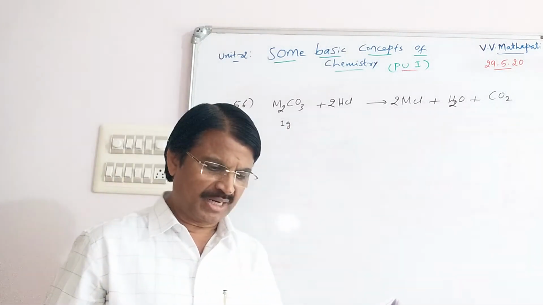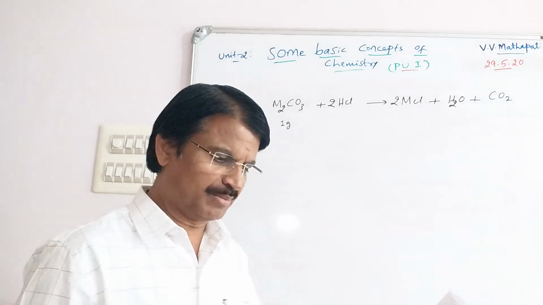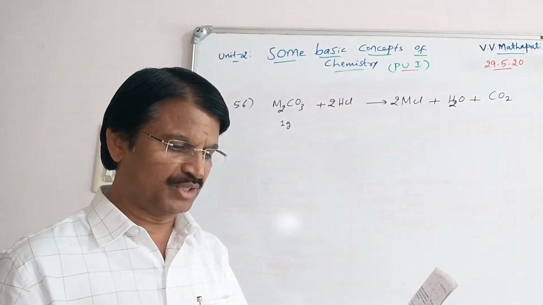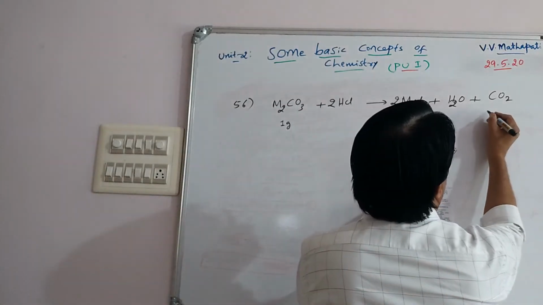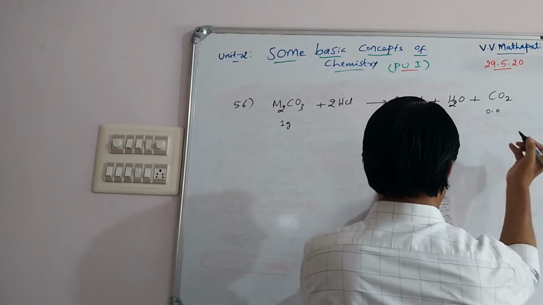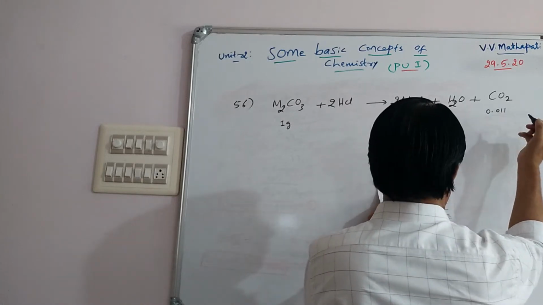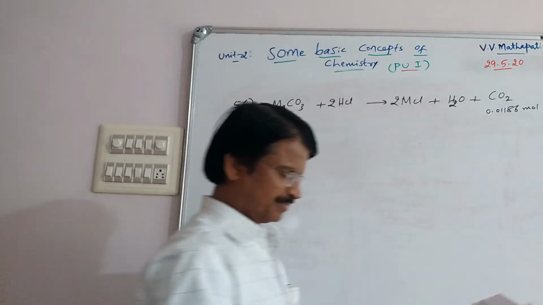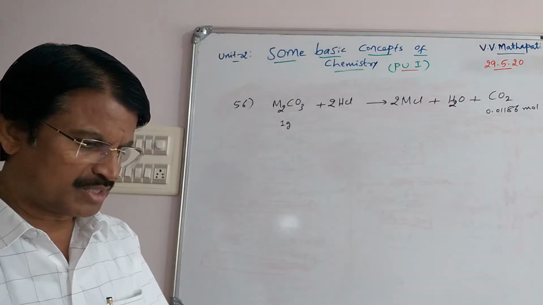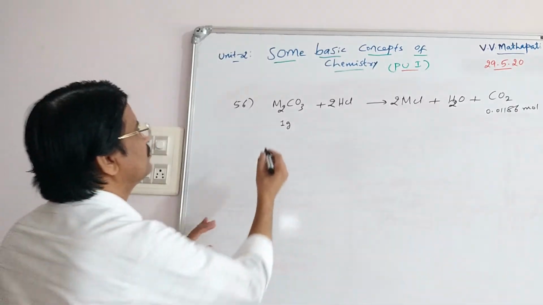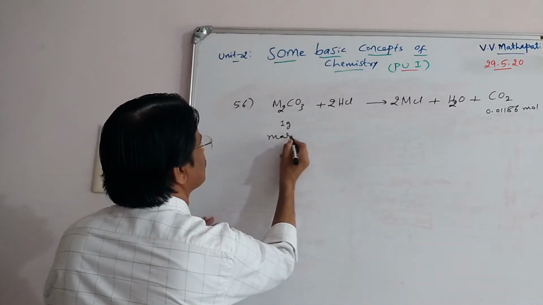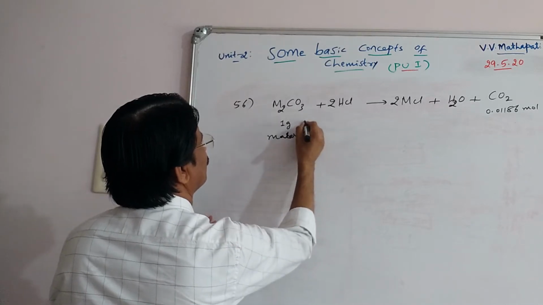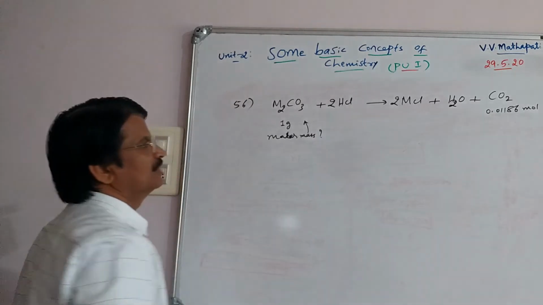Next, 1 gram of metal carbonate on reaction with excess of HCl produces 0.01186 mole of CO2. The molar mass of M2CO3 is?